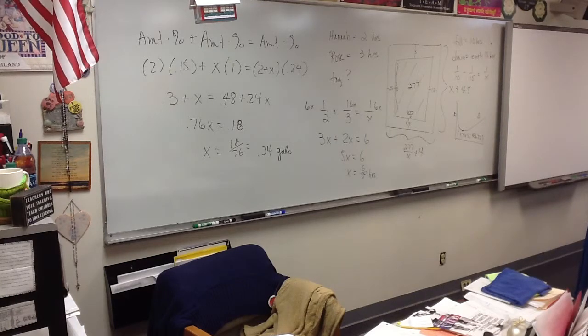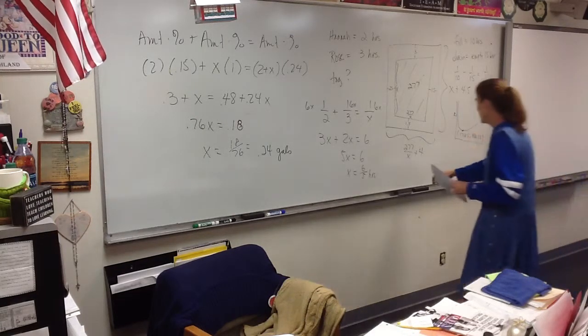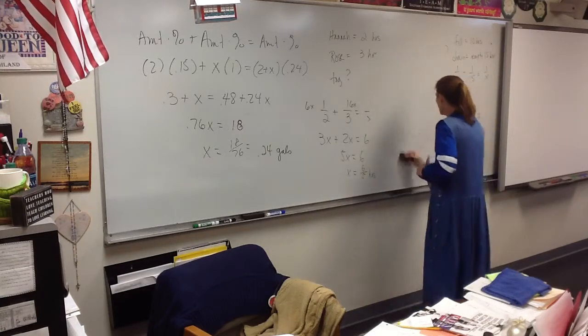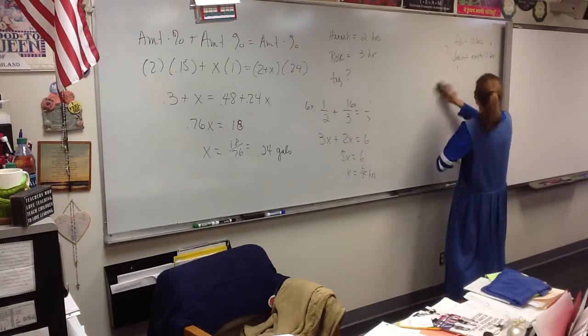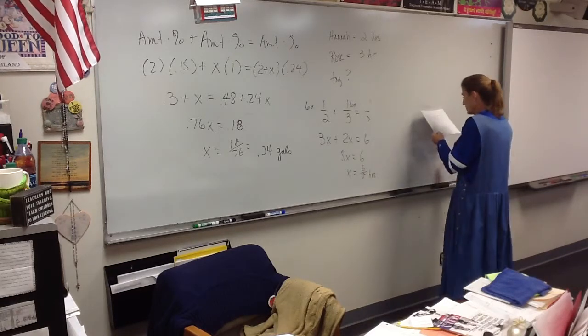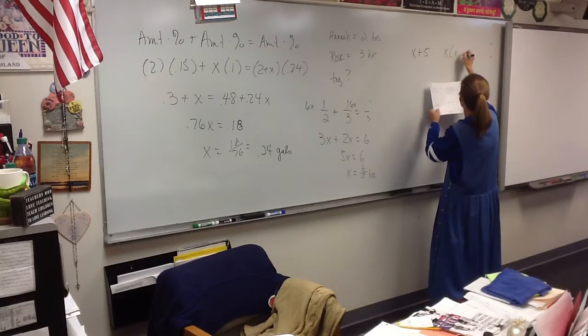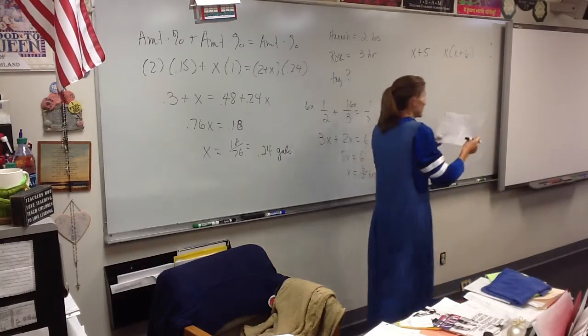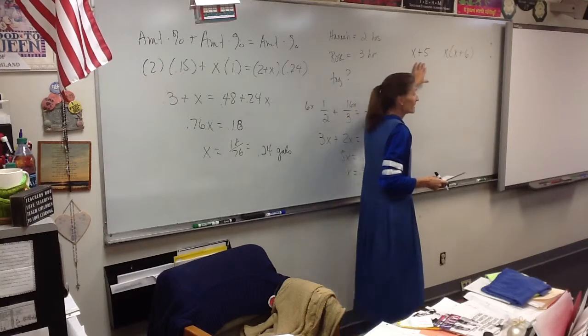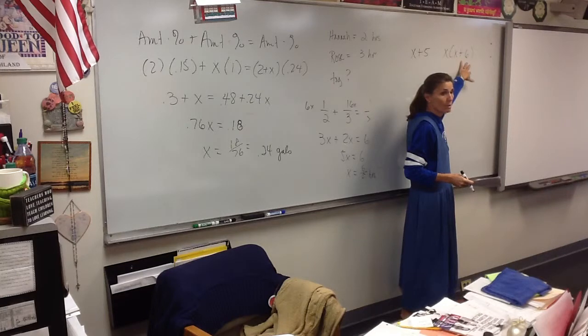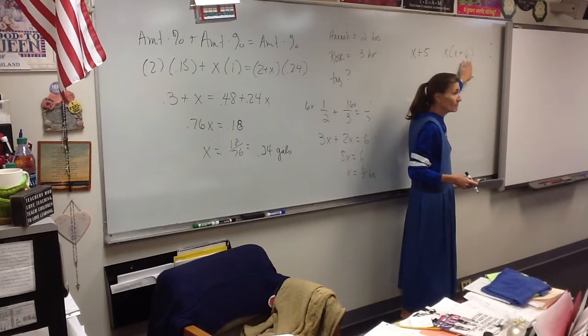Negative 5. 0. Negative 6. And negative 6. Those are the excluded values, because those are the values that would make the denominator 0. One of your denominators is x plus 5, and one of your denominators is x times x plus 6. So negative 5, 0, and negative 6 would be your excluded values, right?